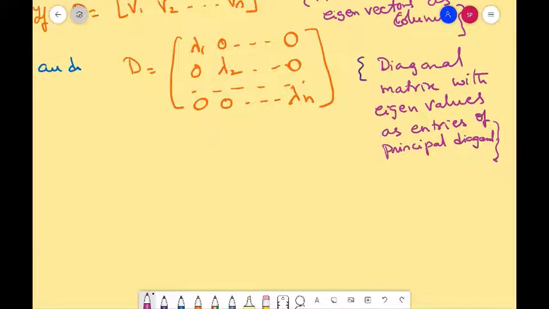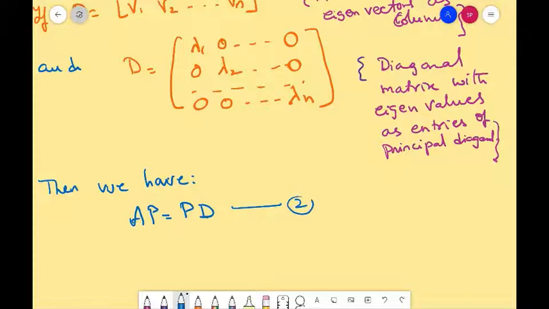Then we have AP is equal to PD. Let me give it equation 2.